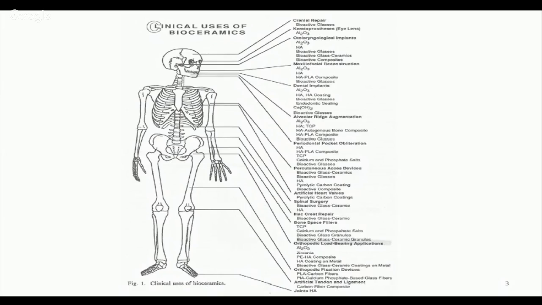So here this crown will be placed on top of the root, and this root is going inside the mandible. There is a mandible here, as you can see. So you drill and you place the root, and this root has to bond to the bone. That is why this root has to be bioactive.